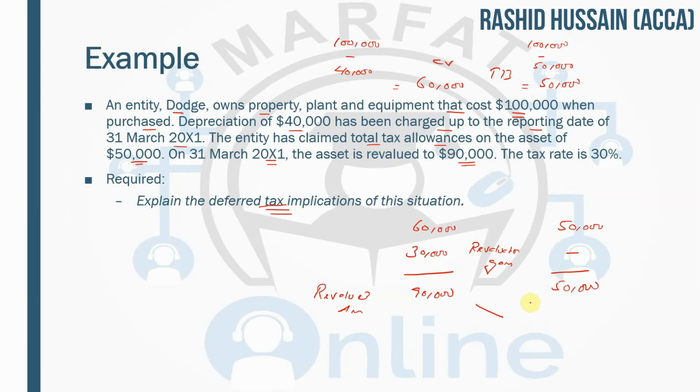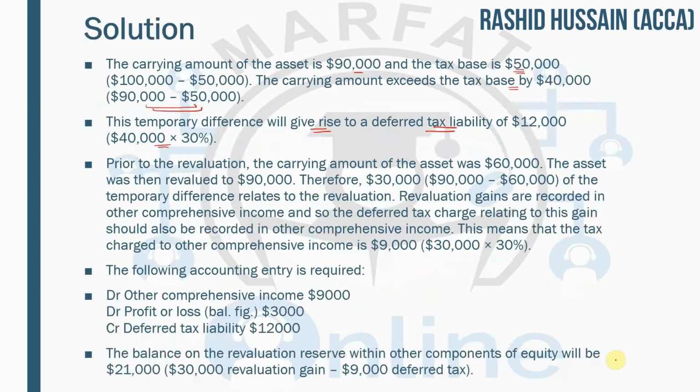So 90,000 and 50,000, the difference is 40,000, which is the taxable temporary difference. And when you multiply it by the tax rate, 40,000 times 30%, 12,000 is the deferred tax liability. Right? 12,000 is the deferred tax liability.